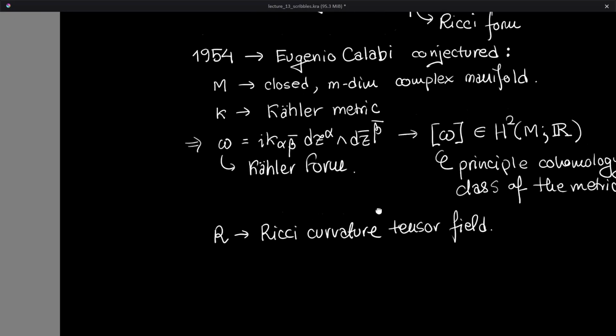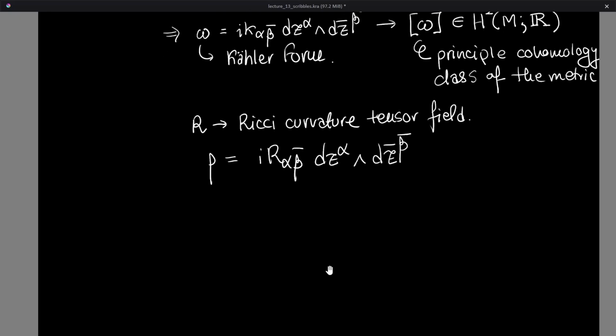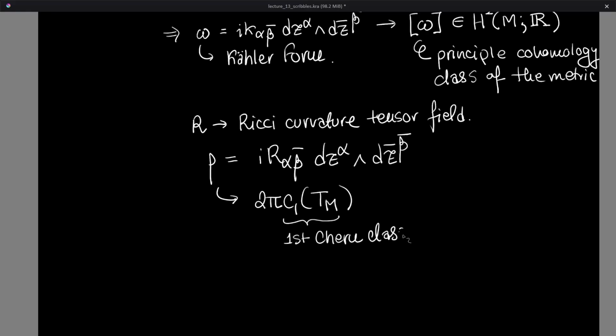And this will give us a Ricci form rho equals i R alpha beta bar dz alpha wedge dz bar beta, which is another 2 form. It's closed, and its cohomology class, as we know already, is 2 pi c1 of TM, where TM is the tangent bundle, M being the manifold that we're on, and this is the first Chern class. We're all familiar with this by now. We just replaced E with TM.